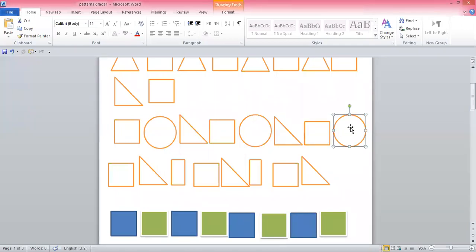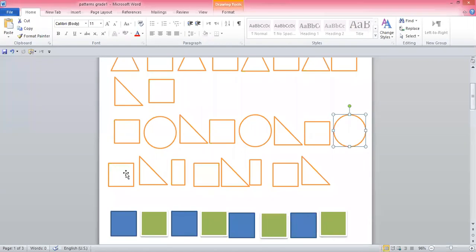If I ask you after circle what will come, you will say triangle. Why triangle? Because the pattern is made up of three shapes, and after circle there is a triangle in the pattern. If I ask you after triangle what shape will come next, you will say, sir, square. Why square? Because after triangle the pattern starts repeating. So that is the answer.